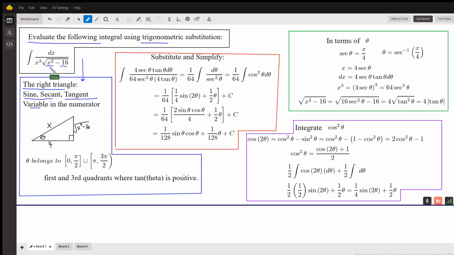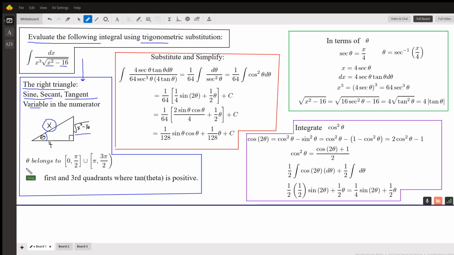And so we're going to let x be the hypotenuse and 4 be one of the legs. And we want this variable to end up in the numerator. And we don't want the square root of x squared minus 16 to be part of the substitution. So we'll put the 4 here, and that translates to secant, because the secant of theta is hypotenuse over adjacent.